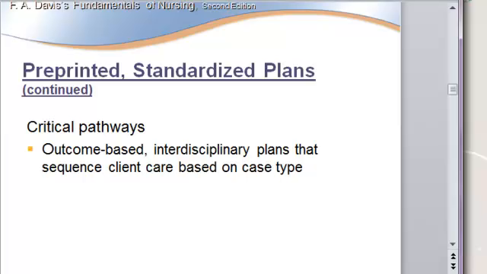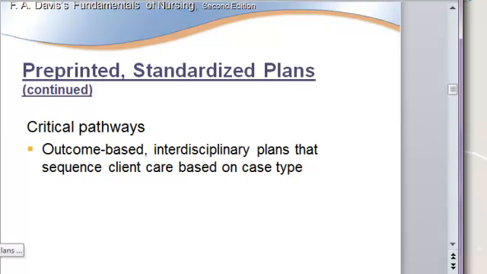So it gives you some clinical keys about this patient, the expected outcomes for that patient, the treatments for day 1, day 2, post-op day 1, 2, and 3, and they basically want them to go home by day 4. So that kind of gives you an idea if you've never seen a critical pathway.